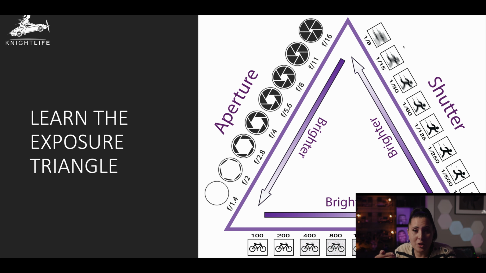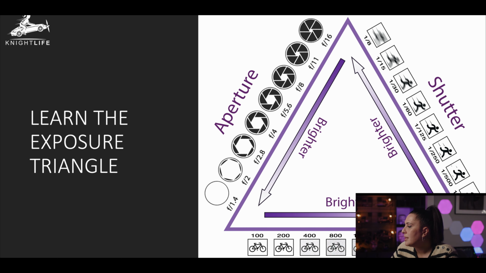If you want to show motion, like a waterfall, then you could use a slower shutter speed and you're going to get that frosty, milky look of the water, because the shutter is open longer. It's grabbing more motion. It's frothy. I'm sure you've seen those photos with the frothy look above the water. That's a slower shutter speed.